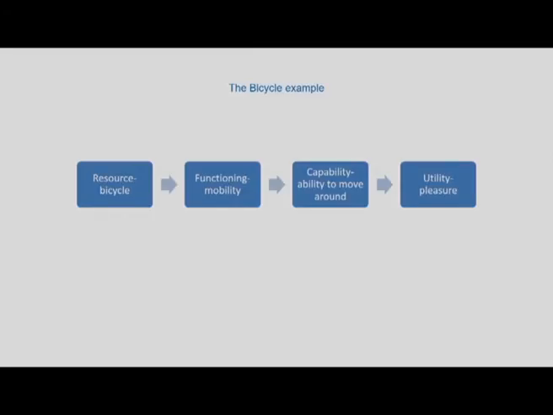So, the bicycle as a resource provides a functioning. The functioning here is mobility, and this functioning provides the capability to move around, maybe in search of wages, or to enter into various kinds of association with different kinds of people, creating social networks and so on, which will ultimately provide utility or pleasure.